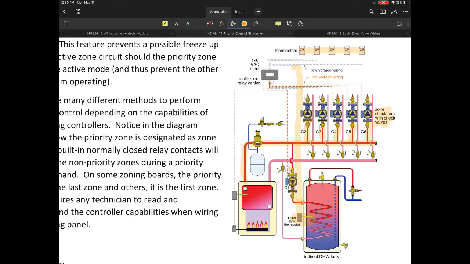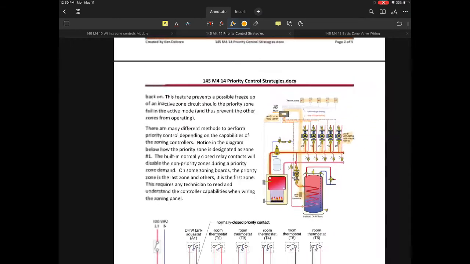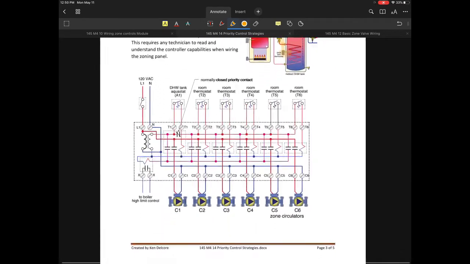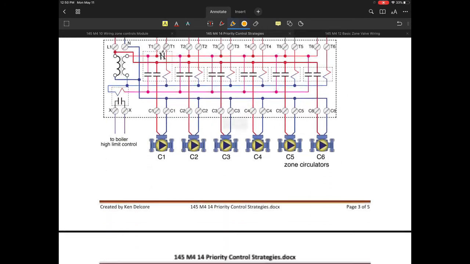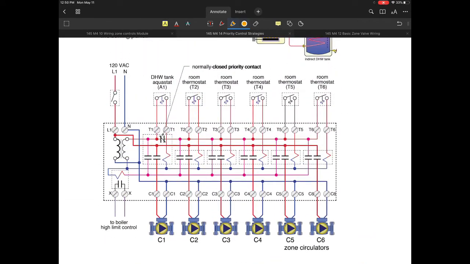The domestic water tank thermostat we're going to use as the priority zone thermostat. That priority zone thermostat will feed the demand directly from the domestic water tank heating demand input as a thermostat input up to the multi-zone relay panel. And that is how the piping strategy would possibly look.